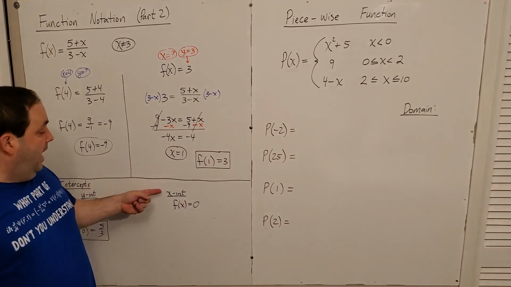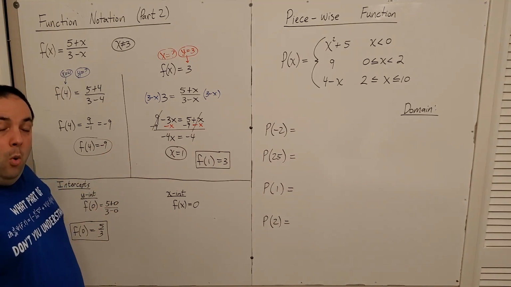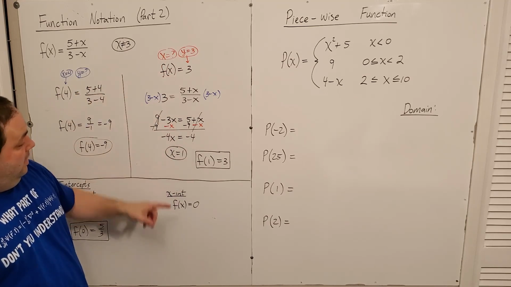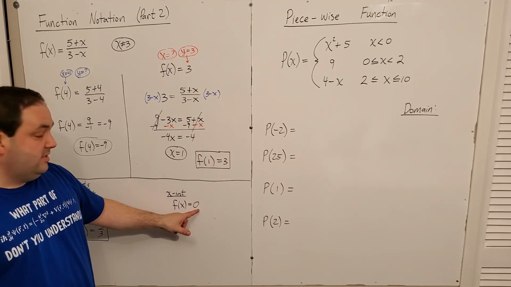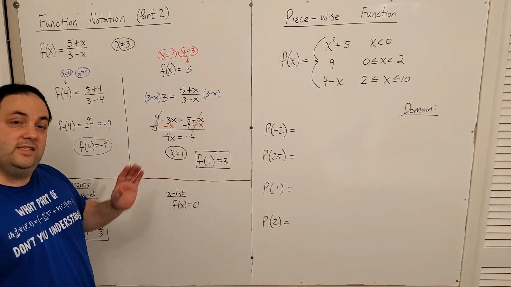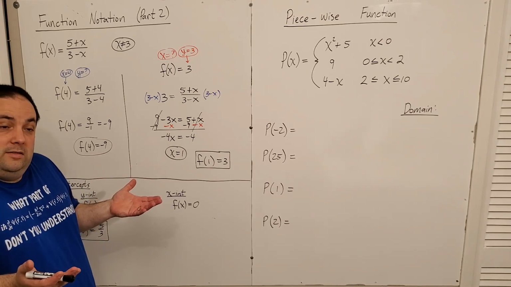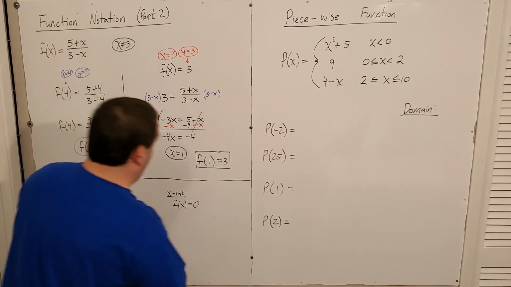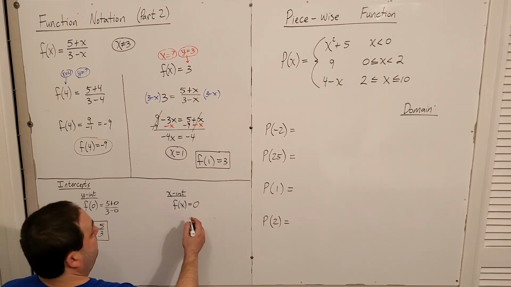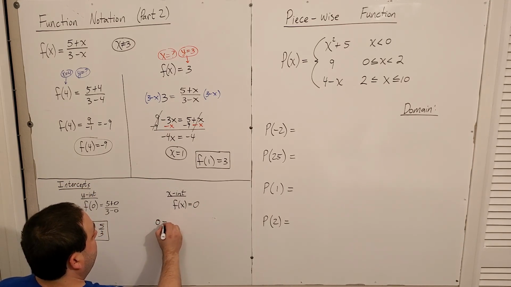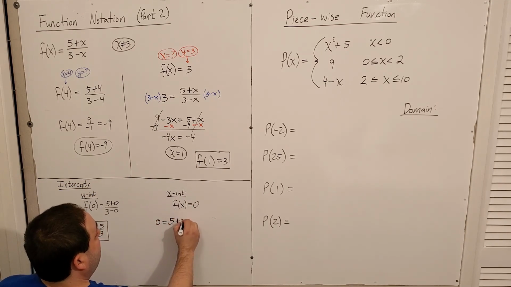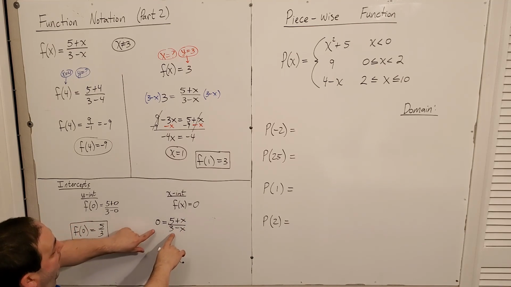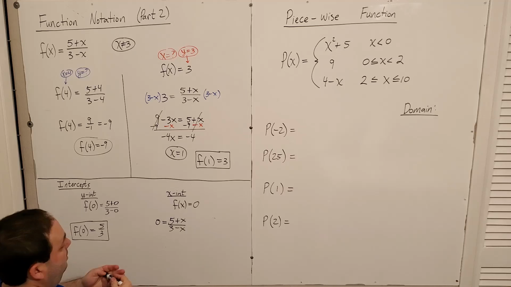Vice versa, an x-intercept is whenever y is equal to 0. So in the same token, if I say f of x equals 0, that's like saying my y is 0, what's my x, right? Ask the question. Well, let's solve it. That means 0, right, is equal to 5 plus x over 3 minus x. I'm going to solve it the same way I did before.